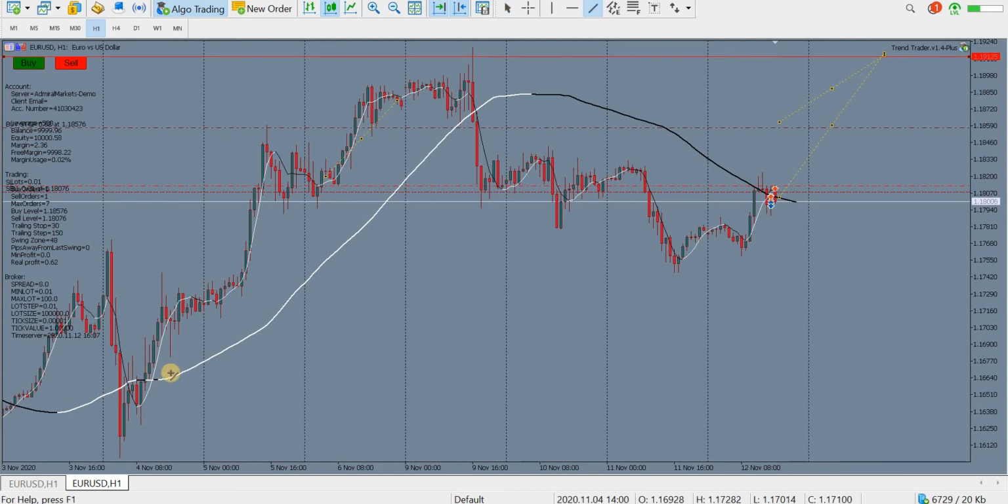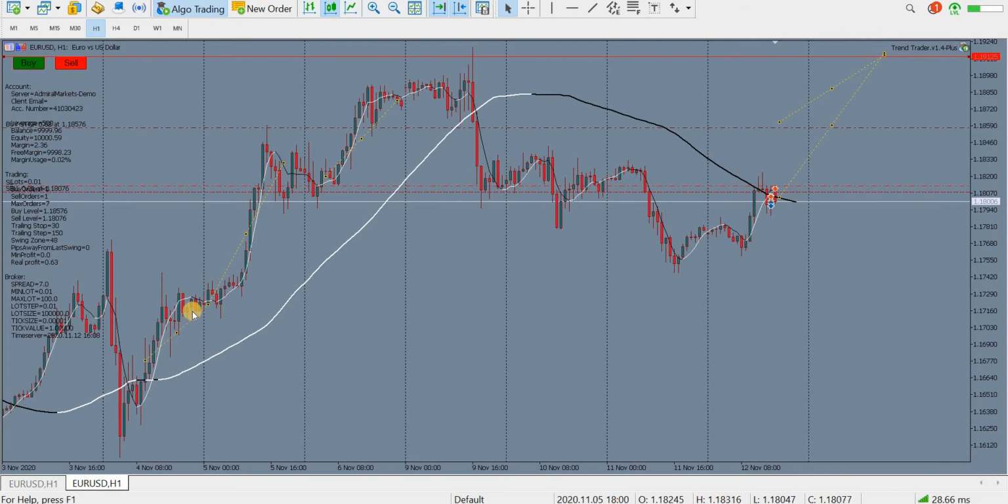So you would have had this trade open, close, this trade open, close. Here, no, here would be a loss without proper hedging. Here maybe would be another trade open and close, something like that.